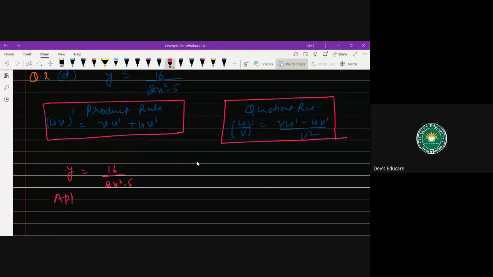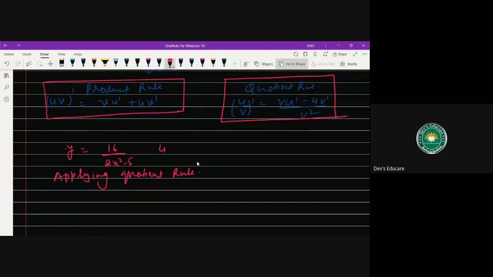Applying the quotient rule, this is u over v dash: v u dash minus u v dash, upon v square. So dy over dx equals 2x square minus 5 into the derivative of 16, which is 0, minus 16 times the derivative of 2x square, which is 4x, upon v square.